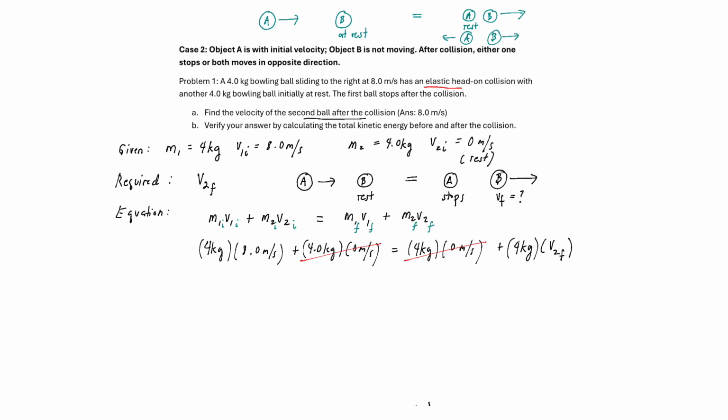Okay, so we can simplify our equation now. That would be 4 times 8 equals 4 times V2F. Divide both sides by 4, cancel it out, and the velocity is 8 meters per second.